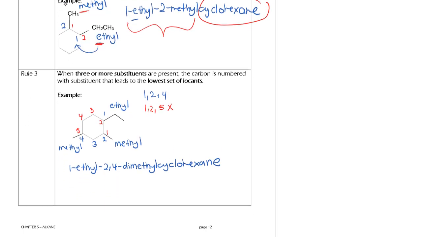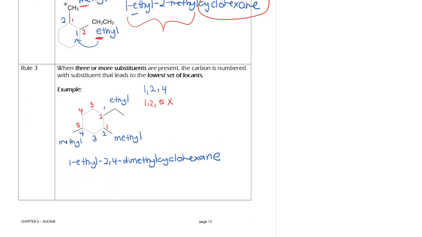Okay, so when there are three or more substituents, you need to have the lowest set of numbers. If you use the blue one, the combination will be 1, 2, 4. If you use the red one, the combination will be 1, 2, 5.